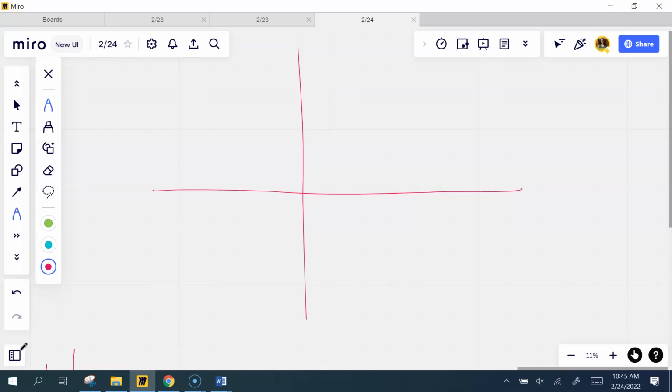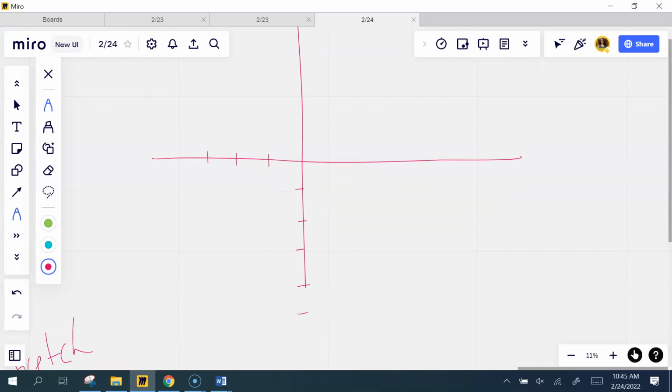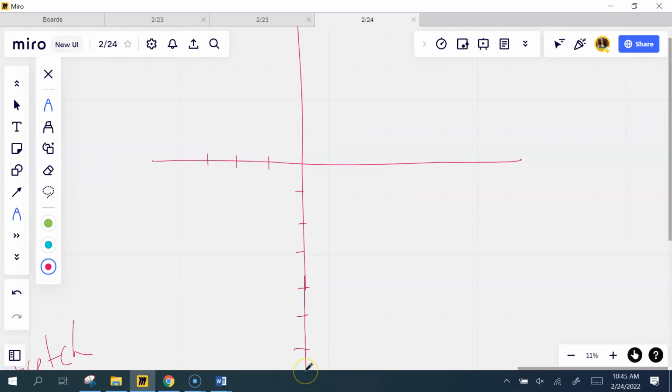Can y'all see those little lines? Because I have a little bit of trouble with it.